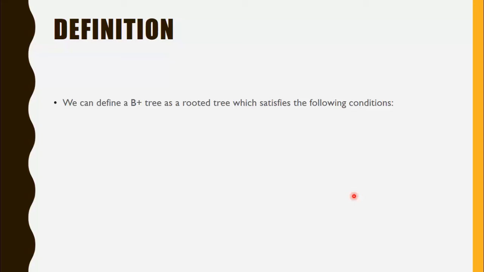So now we come to the definition of a B plus tree. I have already said that a B plus tree is a special case of a B tree. So it will satisfy some conditions, or properties, such as: the root has at least two child nodes and at most m child nodes. The internal nodes except the root have at least m by 2 child nodes and at most m child nodes. These were the conditions for the B tree. But there are some additional conditions for the B plus tree: from the root to the leaf, all paths should be of the same length.